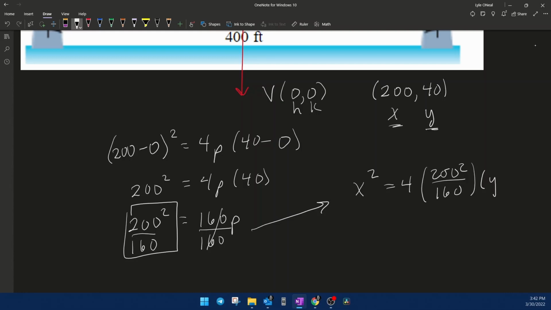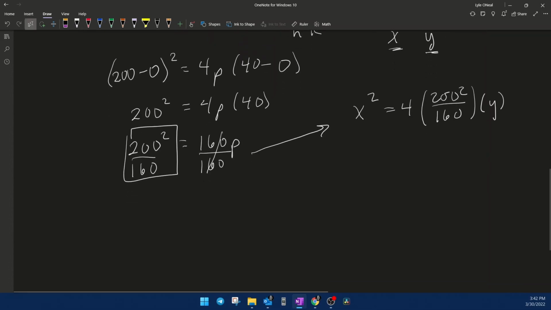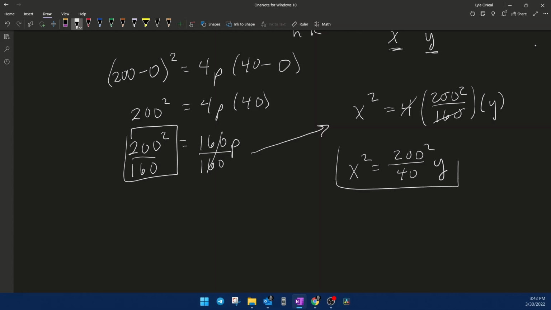But again, k is 0, so that's just going to be y. And then I believe 4 will go into 160 40 times. So we're going to have x squared equals 200 squared over 40 times y. This is the equation of the parabola that represents the cables on the suspension bridge.